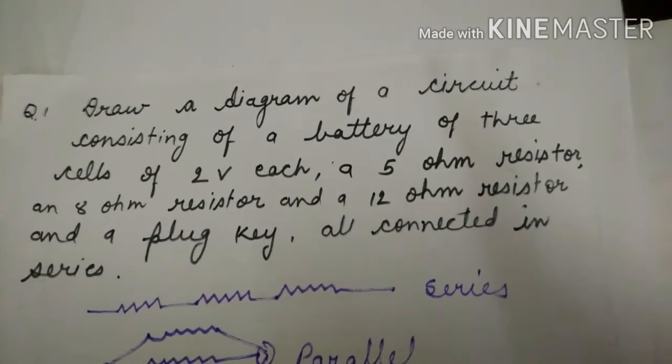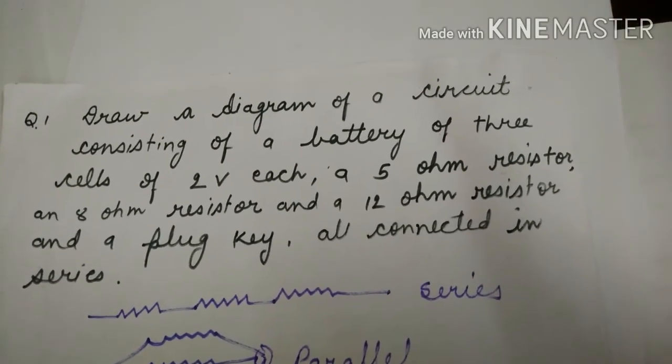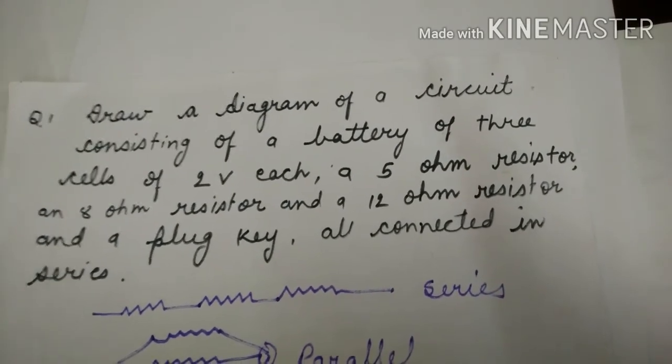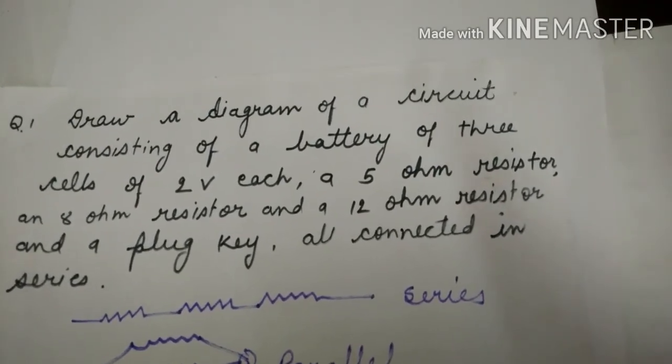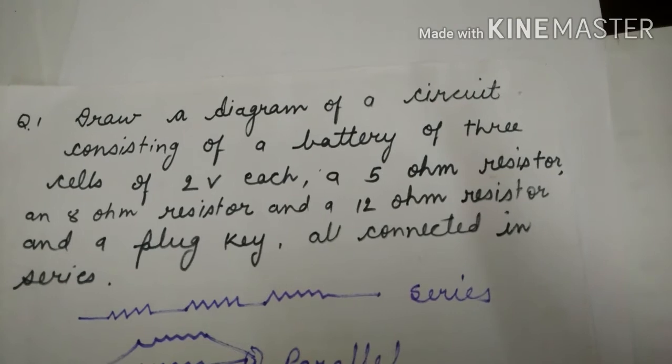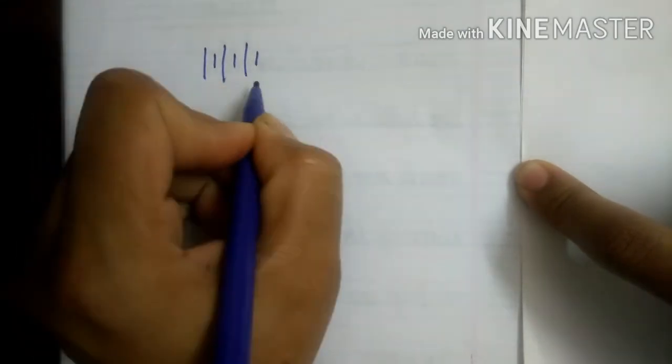Draw a diagram of a circuit consisting of a battery of 3 cells, of 2 volt each, and 5 ohm, 8 ohm and 12 ohm resistors, and a plug key, all connected in series. In this question we have a 3 cell battery. So firstly we will draw 3 cells: 1 cell, 2 cell, 3 cell.